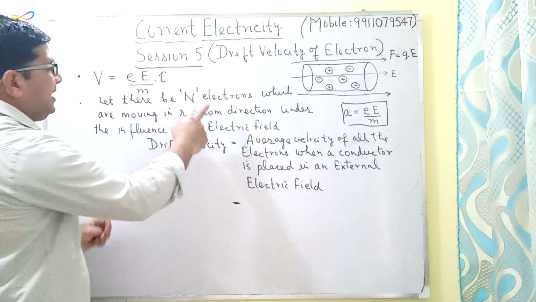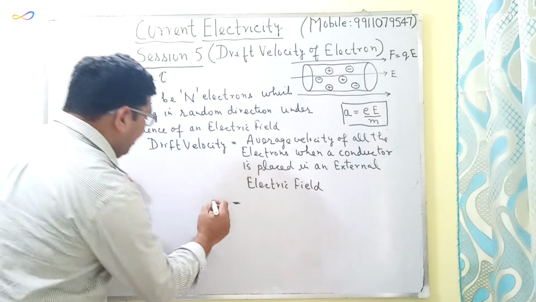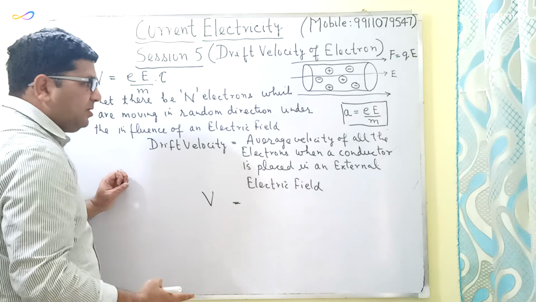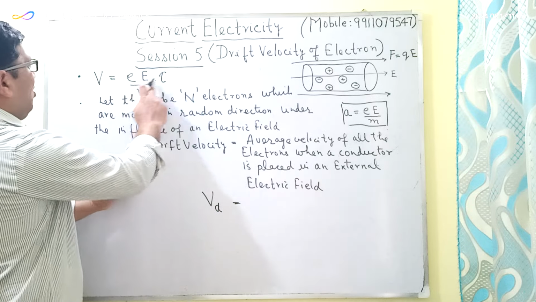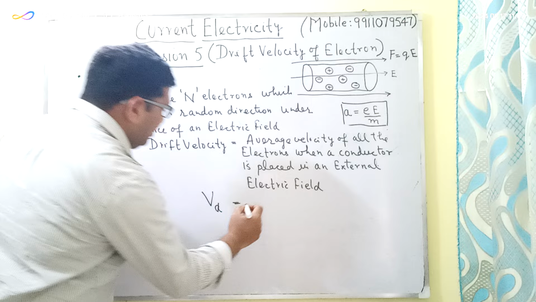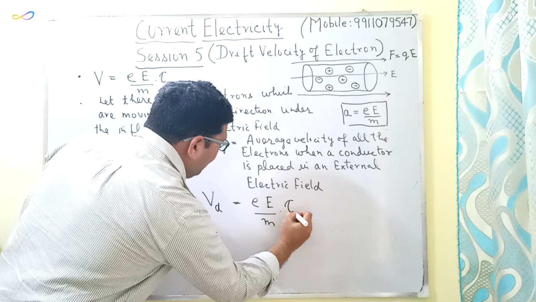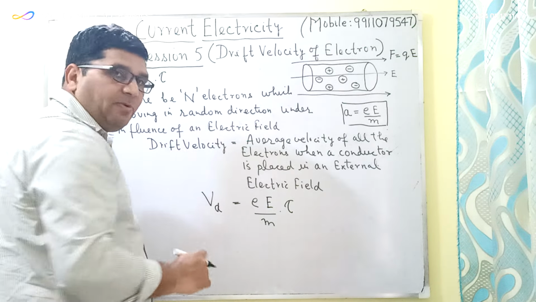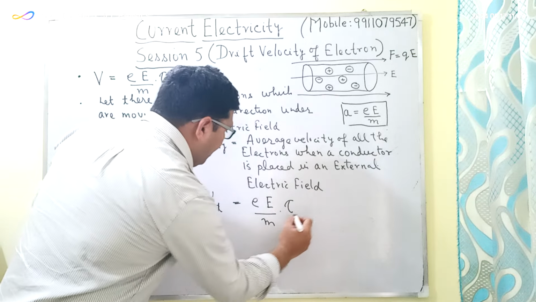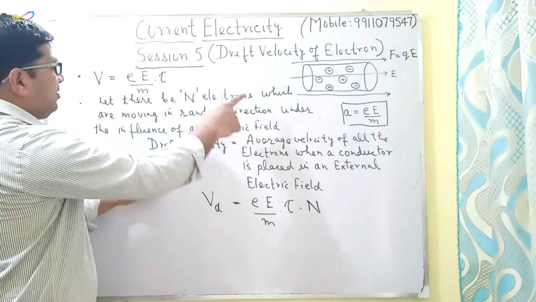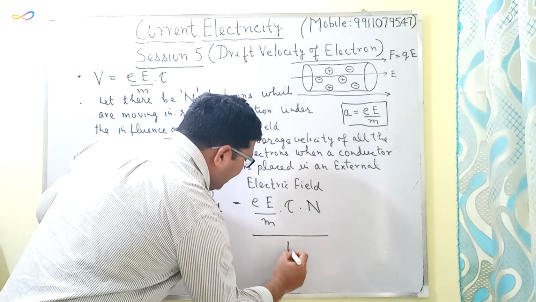If there are n electrons which are moving in random directions under the influence of an electric field, then the average velocity of all the electrons, given by Vd, will be equal to the sum of all the velocities of the individual electrons, each equal to eE/m tau. Since we are adding up the velocities of the individual electrons, this will be multiplied by n, where n is the number of electrons present in this conductor, divided by the total number of electrons.